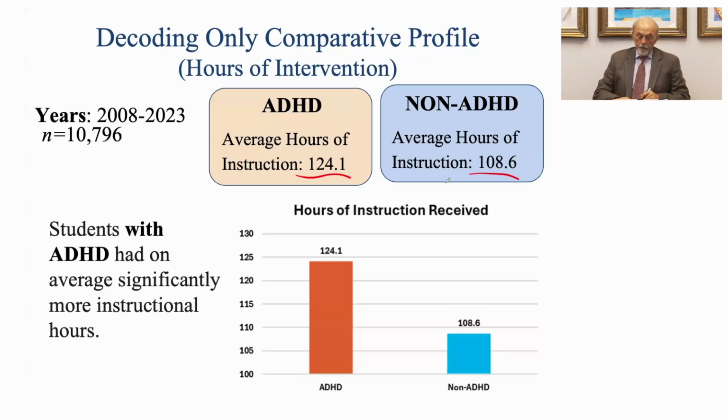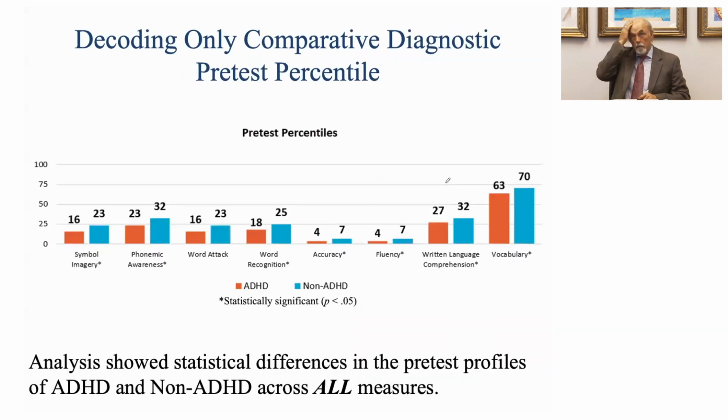Clearly, if we take a look at their pre-profile, analysis showed there are statistical differences in the pretest profile of children who have ADHD and those who did not have a prior diagnosis of ADHD, and it was across all measures.